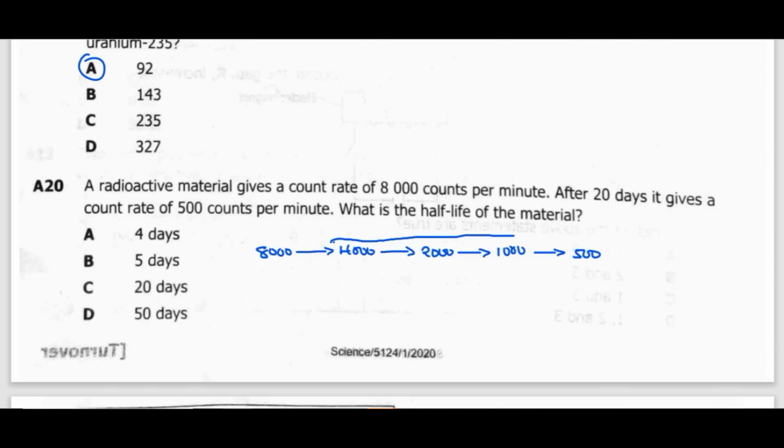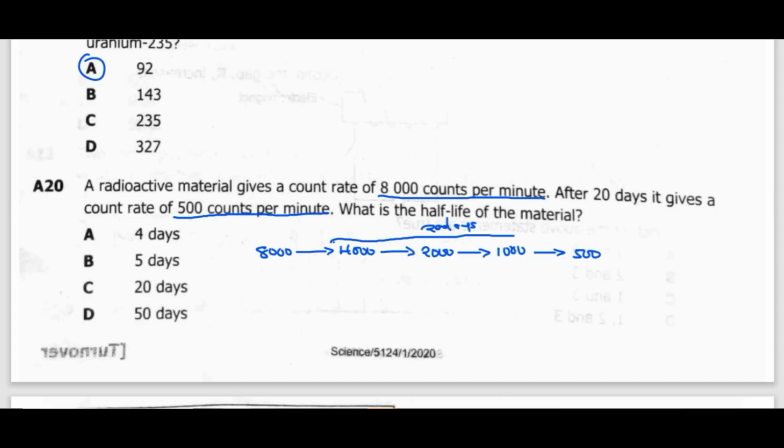So a radioactive material gives a count rate of 8,000 counts per minute. After 20 days, it gives a count rate of 500 counts per minute. What is the half-life of the material? So this is 20 what? 20 days.